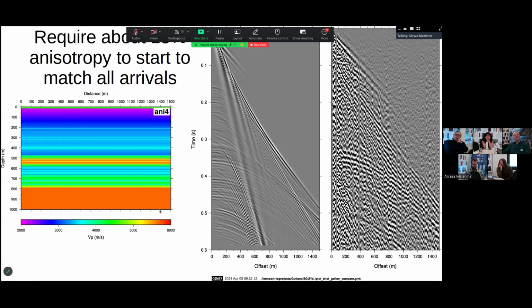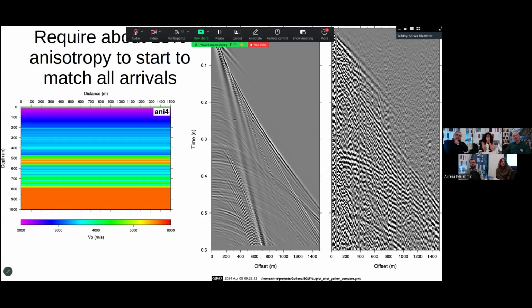So here we have an anisotropic seismogram, where the horizontal velocity is about 15% faster than the vertical velocity. And then this diving wave is matching very much what we have on the actual seismogram. We have the reflected wave also arriving pretty much as we expect, matching what we have on the seismogram.